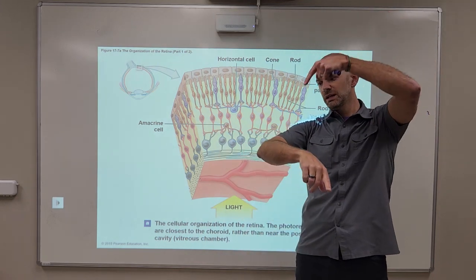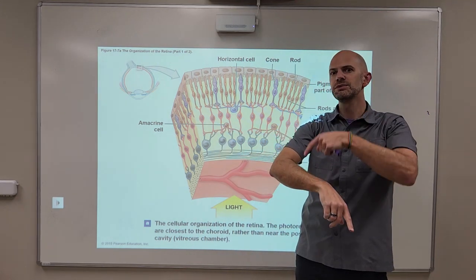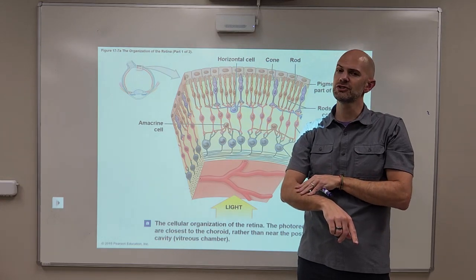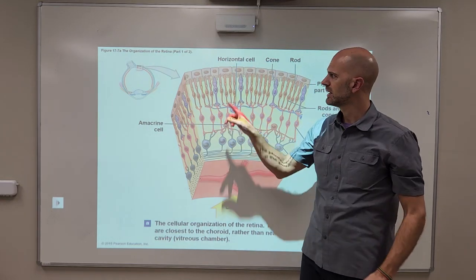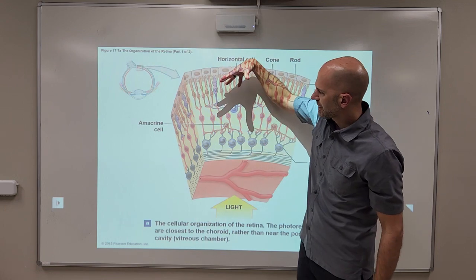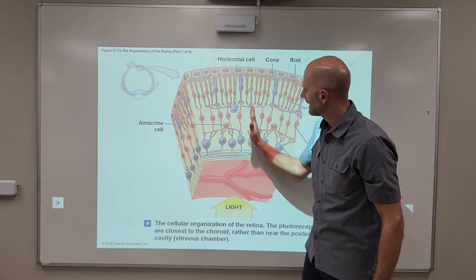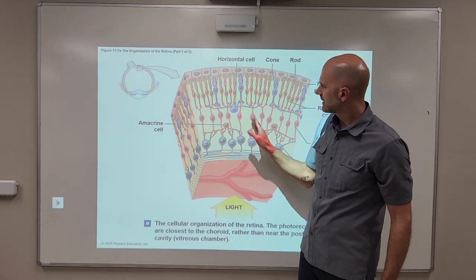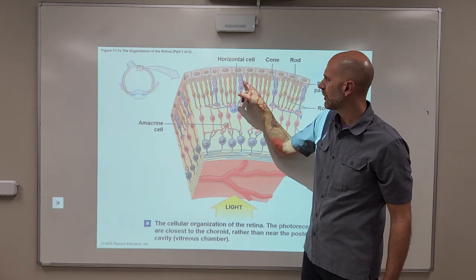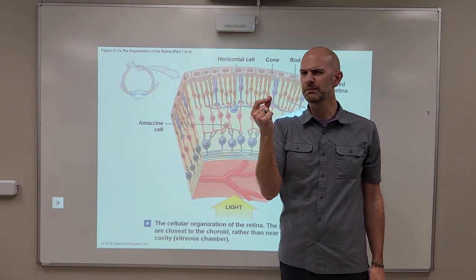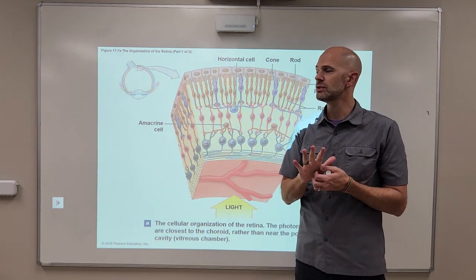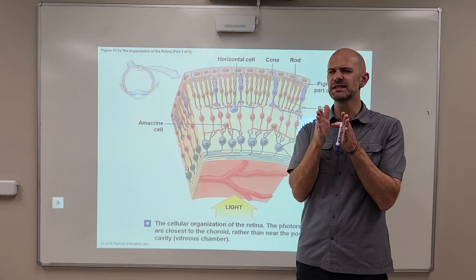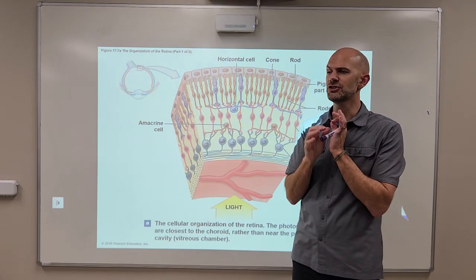Sun hits the skin, melanin absorbs light, right? It protects us from UV damage. Melanin absorbs light, so we don't get scatter here. We don't have the light coming in and then bouncing around. It's going to hit the rod and the cone, or it's going to get absorbed right away. That really helps us to have increased visual acuity, that is high specificity, high definition.